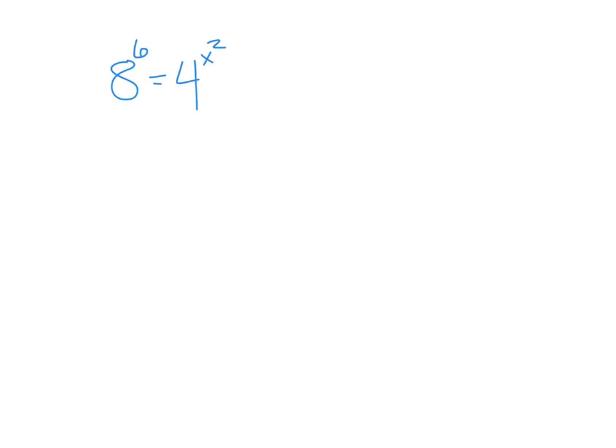So what's the base we're going to try to get to? 2. It'd be nice if we could just go to 4, but 4 to no power I know of is 8. So let's go all the way to 2. So then 8 can be written as 2 to the what?